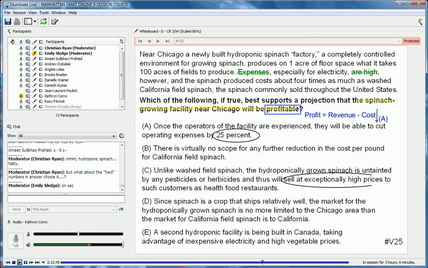So even though it wasn't precise, I think exceptionally meant that you could really charge a lot more, which would grow your revenues hopefully in excess of the 4 times that would cost relative to the more typical spinach that's sold.